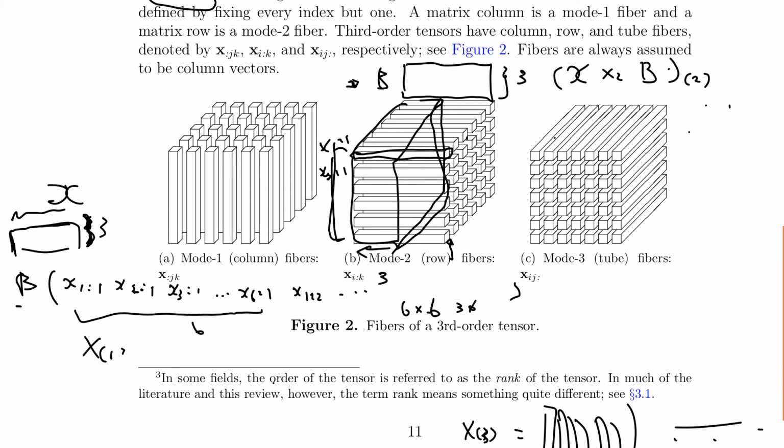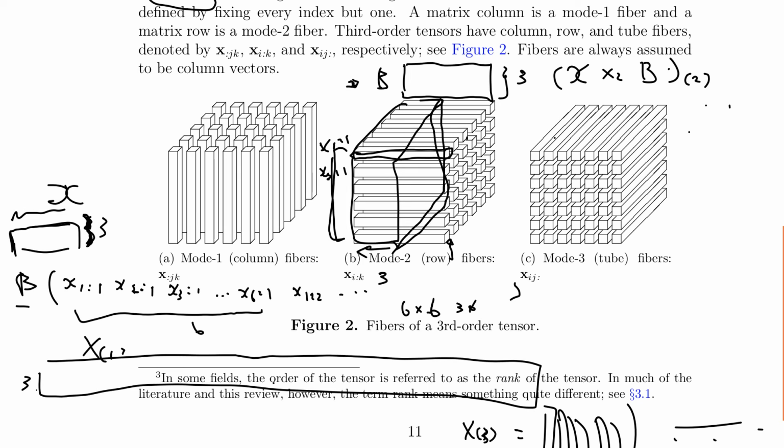And then when I have B multiplied by this guy, I will become a matrix of 3 by 36. So it's just as what we want here.